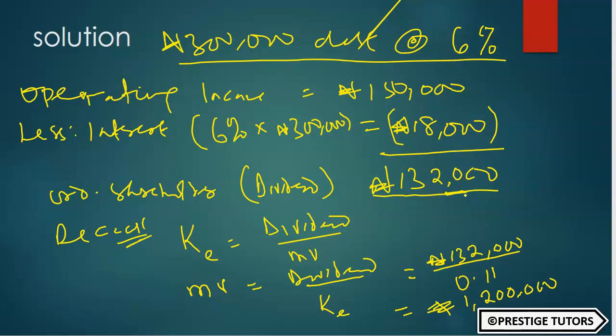Dividend dropped to 132,000 from 150,000 naira. The cost to them increased from 10% to 11%. Now let us look at the effect of that on the company's market value.